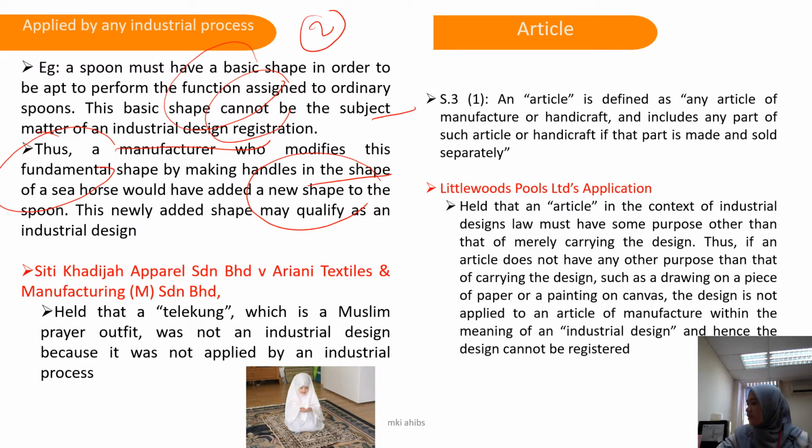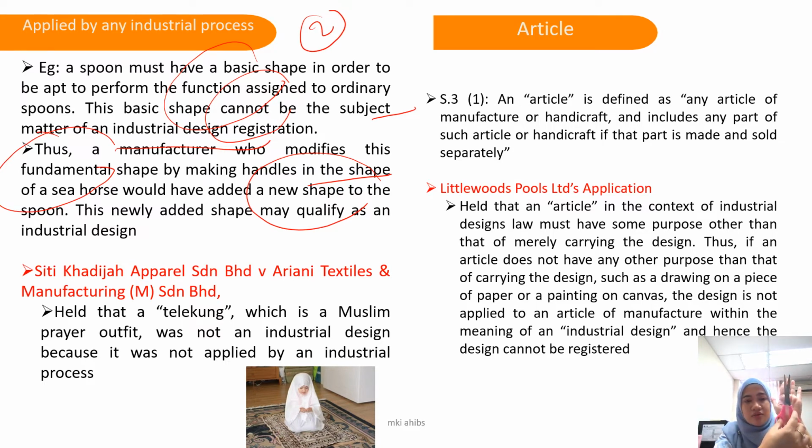For example, we have the scissor here. So the design of the scissor, why is it like this? Because it wants to perform its function as a scissor. Why is the design like this? So that it can perform its function as scissor, right? So can this be protected under ID?